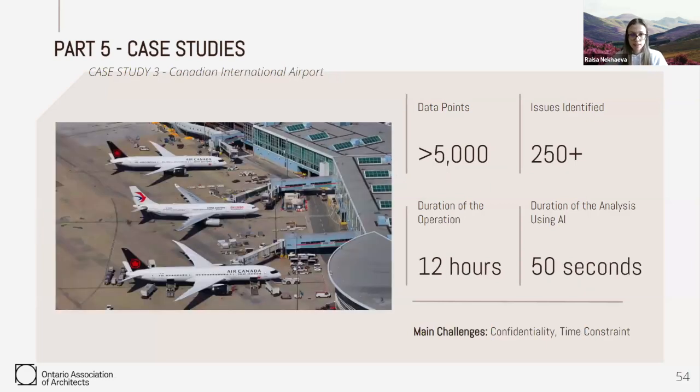The last case study that I would like to introduce to you is a large international airport located on the east coast of Canada. And this is a very unique project because it's an airport, right? And airports cannot really shut down and close off for complete drone flights.